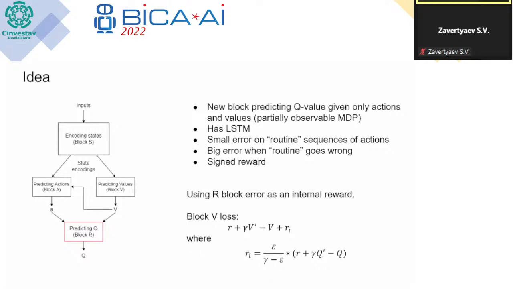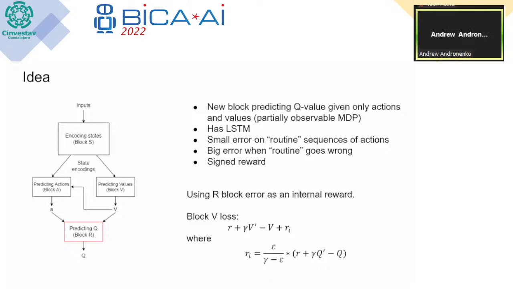Why did this idea occur? We observed that in some environments, actions taken in lots of states are not important, and the agent just learns to do random but fixed things. It becomes a kind of routine performed by the agent until it arrives at an important state where the action really means something. I'll illustrate it a bit later.